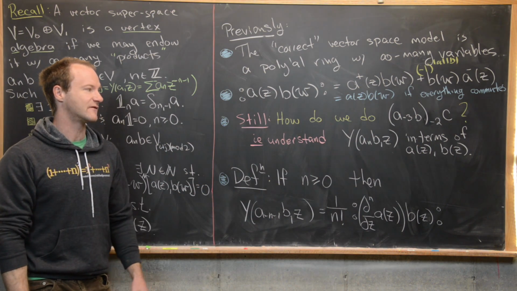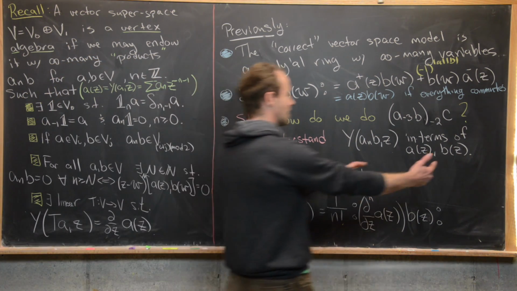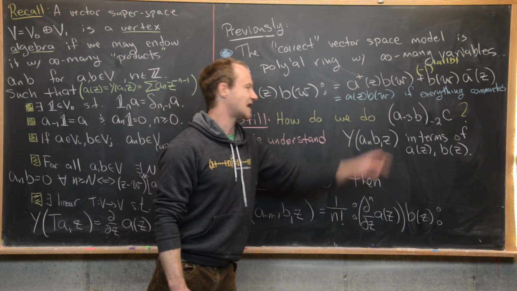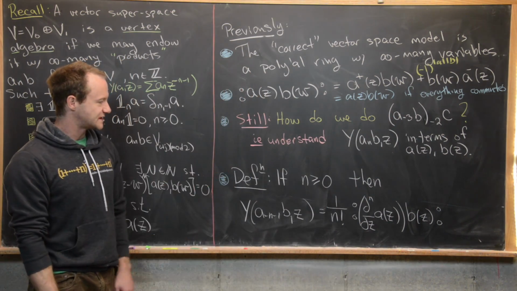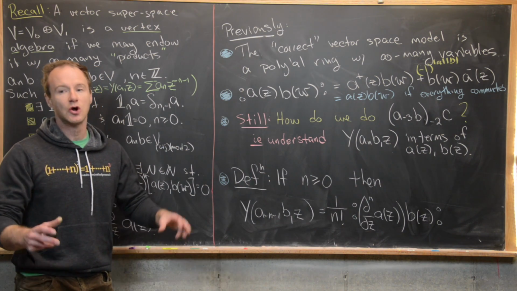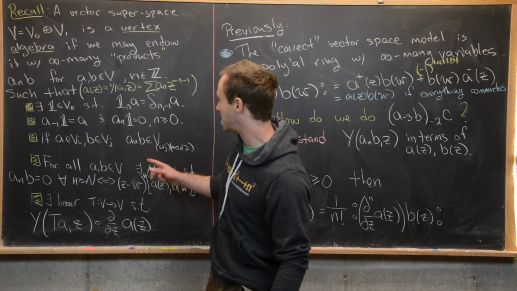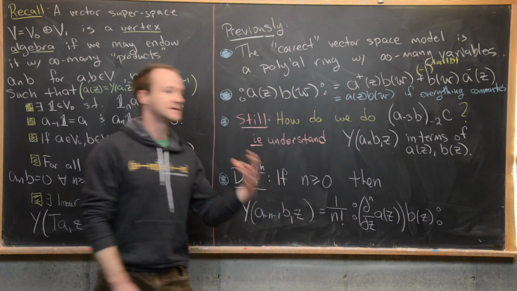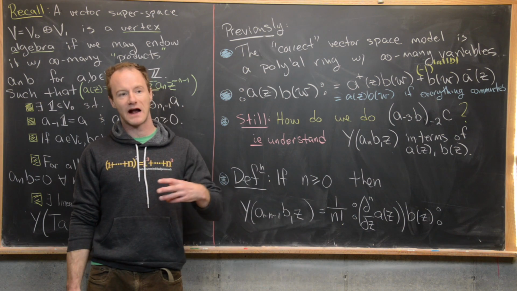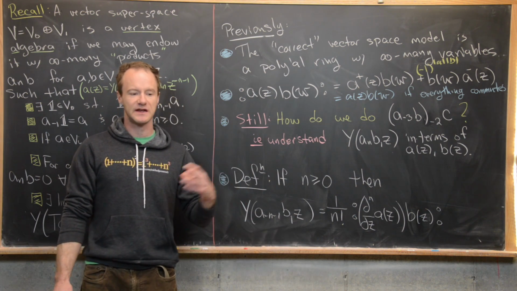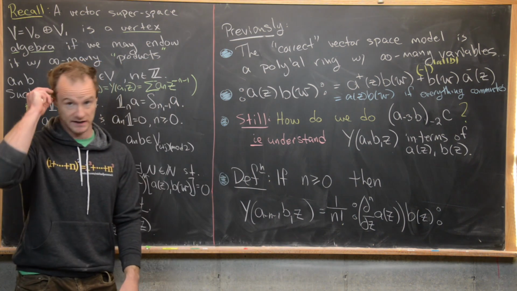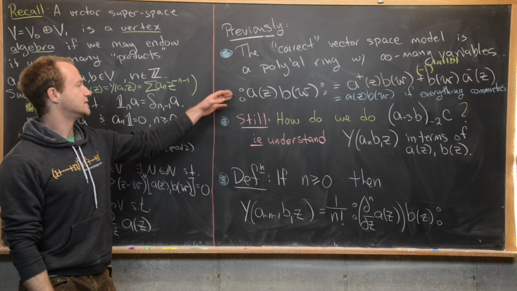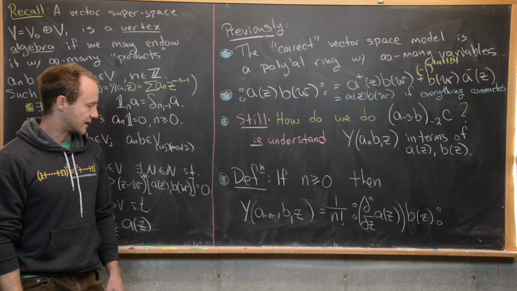If we understand that vertex operator in terms of the original vertex operators, then we can understand this type of product. And that brings us to our first big definition, which is how do we deal with these negative infinite products? In other words, how do we deal with A sub minus 1 B, A sub minus 2 B, A sub minus 3 B, and so on? We can actually define them pretty nicely using this notion of the normally ordered product.